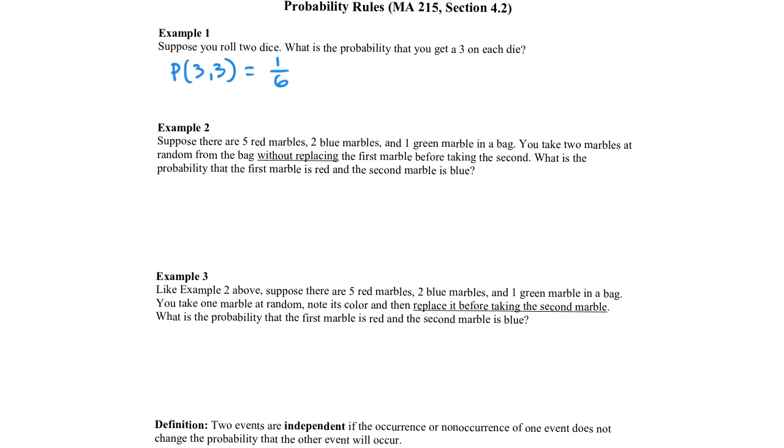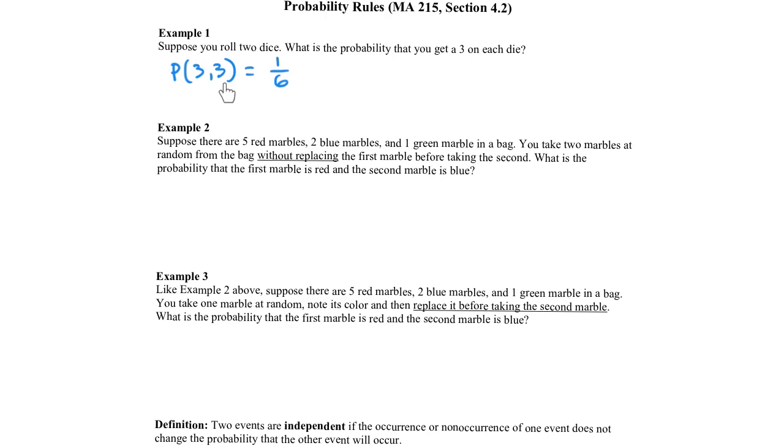So when you roll the next die, does the fact that you got a 3 on the first one have any bearing on the probability of getting a 3 on the second one? And of course it doesn't. We'll see later they're said to be independent events. So because you get a 3 on the first one doesn't make it less likely that you'll get another 3, right?